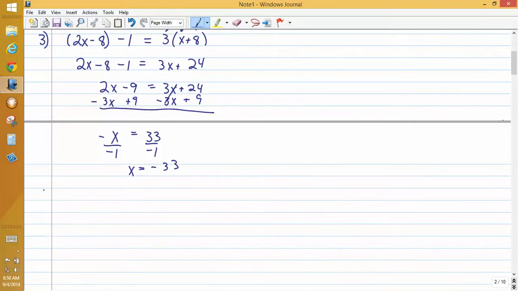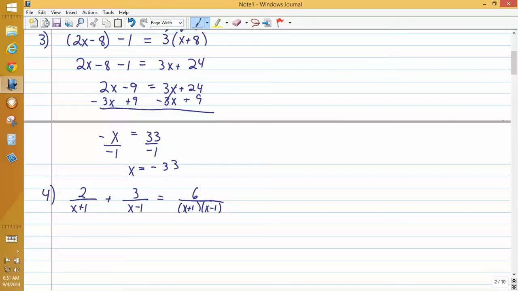Okay. Number 4. The first thing that I need to do on number 4 is figure out the restrictions. The restrictions are the things that would make the denominators equal 0. You can probably just look at these denominators and tell that if x is negative 1 here or if x is positive 1 here, then that would make the denominator equal to 0.